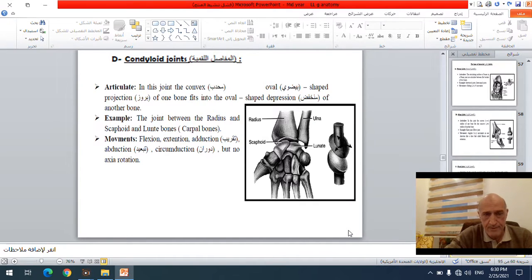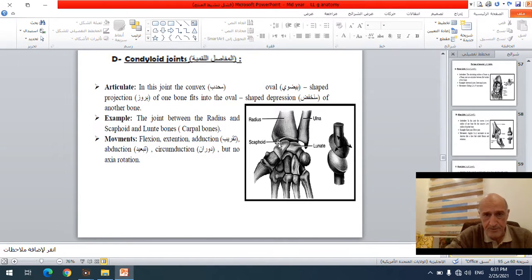Condyloid joints. The articulation in this joint: the convex projection of one bone fits into the oval-shaped depression of the other bone.